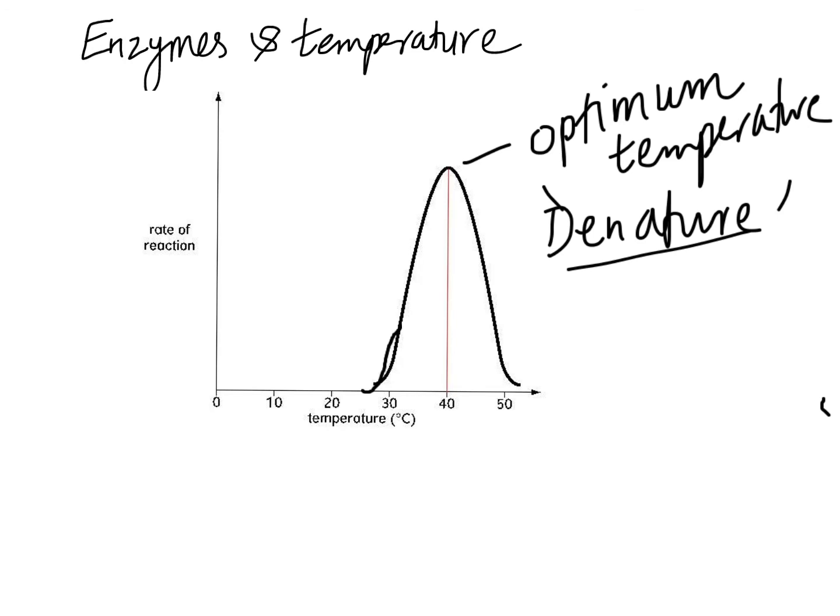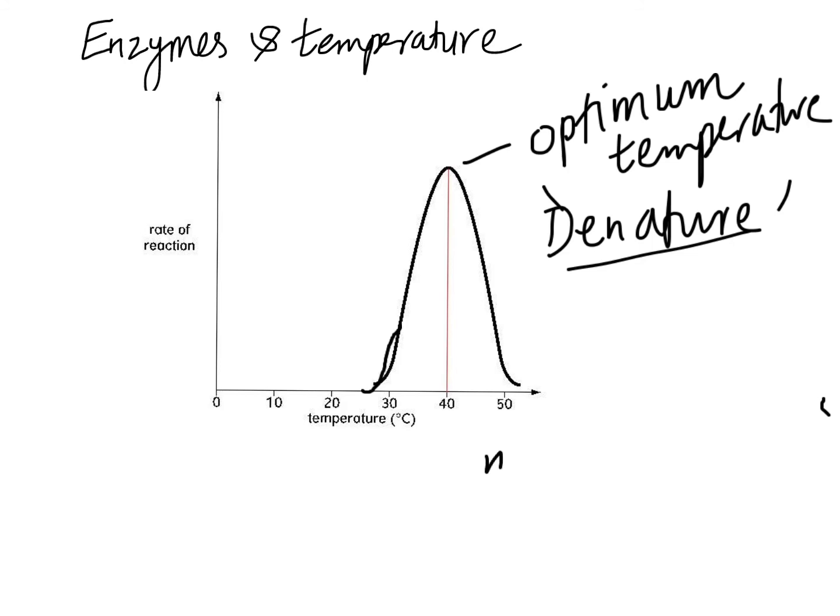So how do you explain up to this point that the rate of the reaction is increasing? That is because at higher temperatures, the particles move faster, so the substrate molecules and the enzyme protein molecules collide more often.